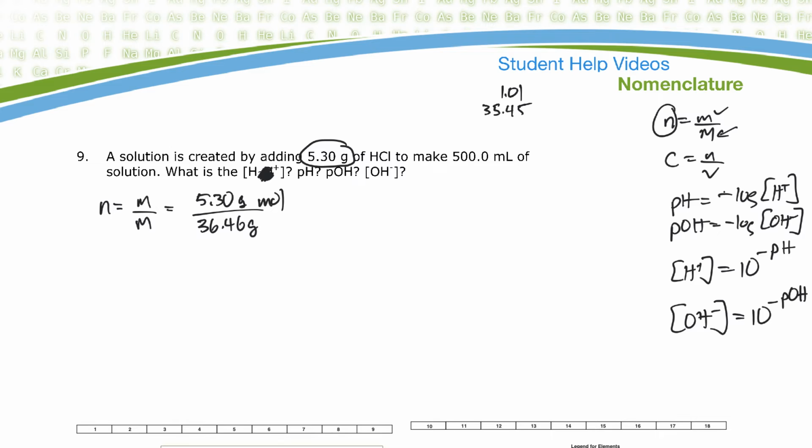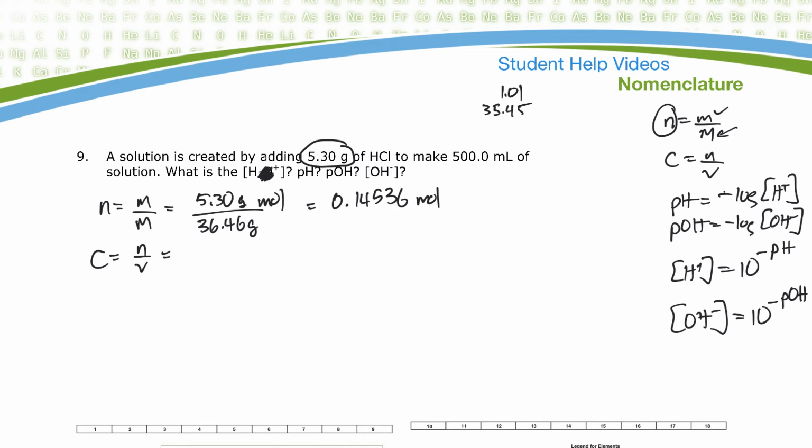Okay, let's divide those. 5.3 divided by 36.46. So the number of moles is 0.14536, etc. moles.